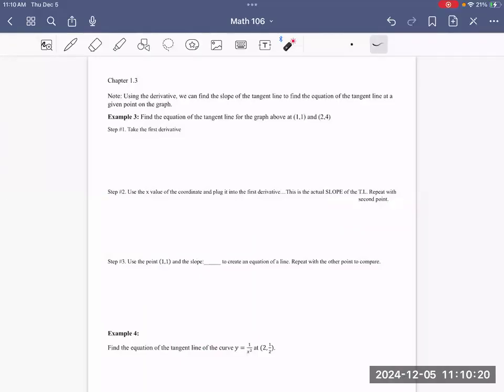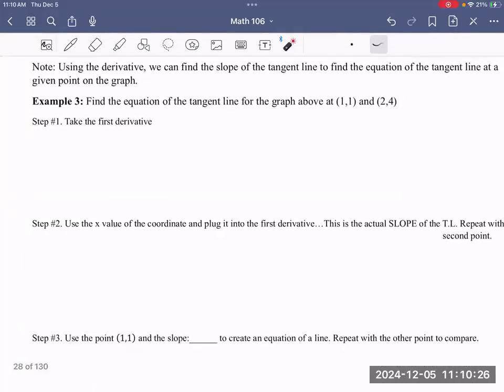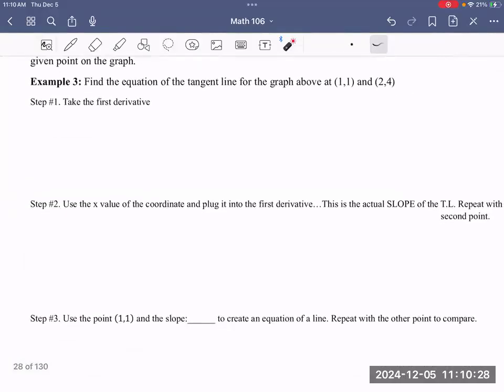So for example 3, it says find the equation of a tangent line from above. Oh, and actually we already did that point, right? So we're doing it at the points 1, 1 and 2, 4. Well, we did it before. We said step 1, take your first derivative.